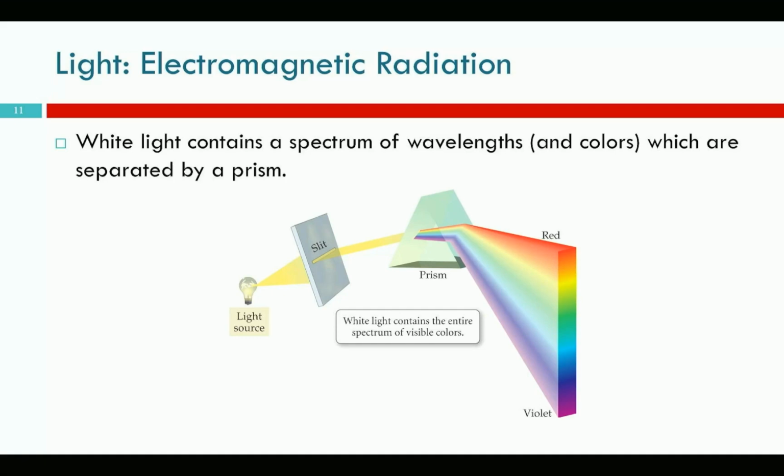Yeah. So you shine it through a prism, and it separates out all these different wavelengths. And so you can get individually red light, or all the way up to violet light, or anything in between. And they get bent more by the prism depending on their wavelength. So longer wavelengths get bent less, shorter wavelengths get bent more.